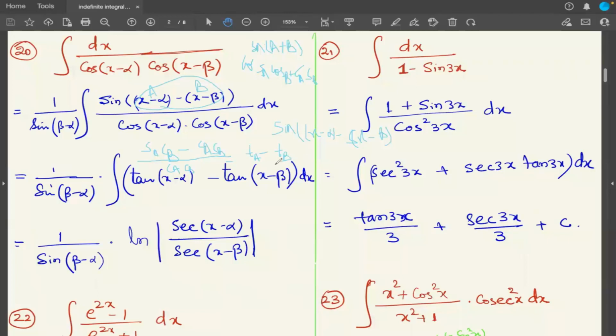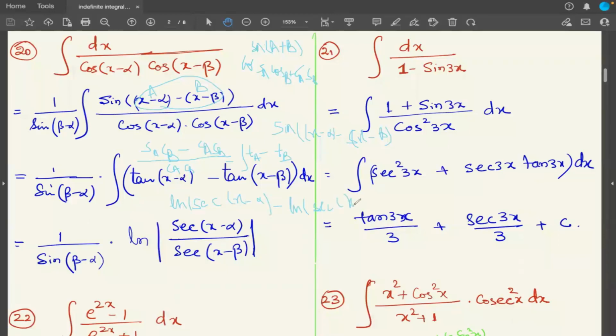Yesterday we learned the basic formula for the integration of tan x. The integration of tan x is ln mod sec x. So the integral looks like ln mod sec of x minus alpha minus ln mod sec of x minus beta.